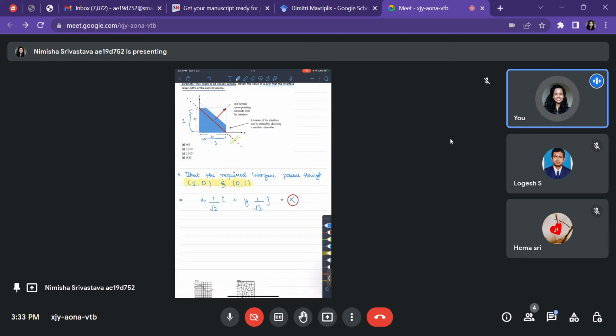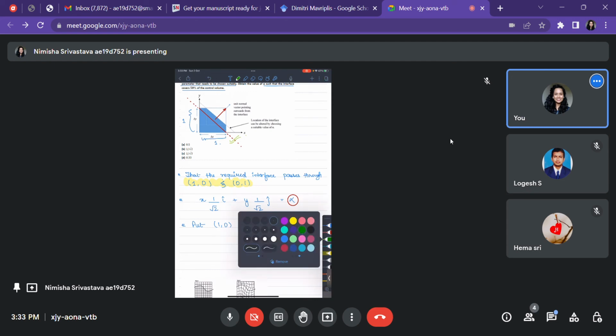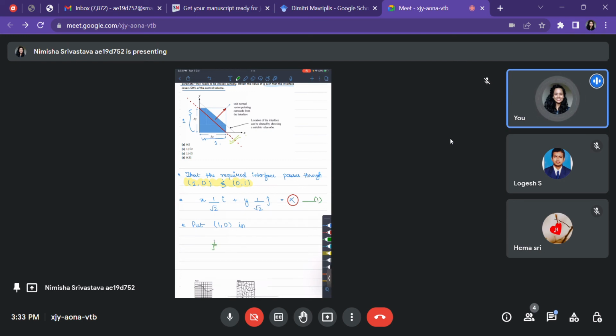What we're going to do is substitute 1 comma 0 in, let's call this equation 1. So 1 comma 0 means 1 by under root 2 into 1 plus 0 is equal to alpha.